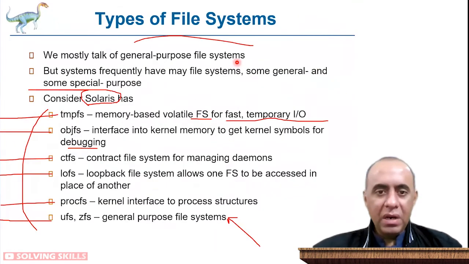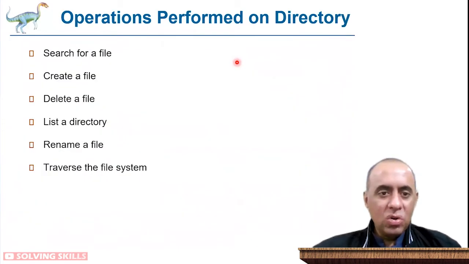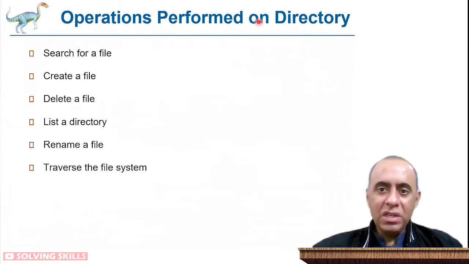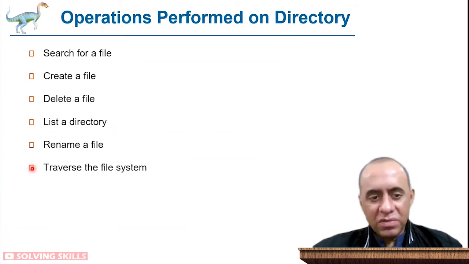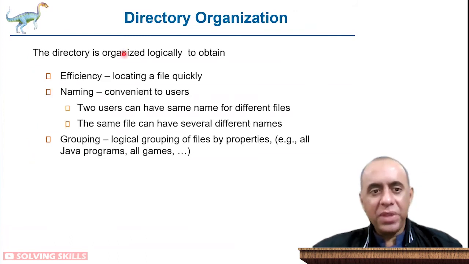Now, the operations you can perform on directories: you can search for a file, create a file, delete a file, list a directory, rename a file, or traverse the file system.